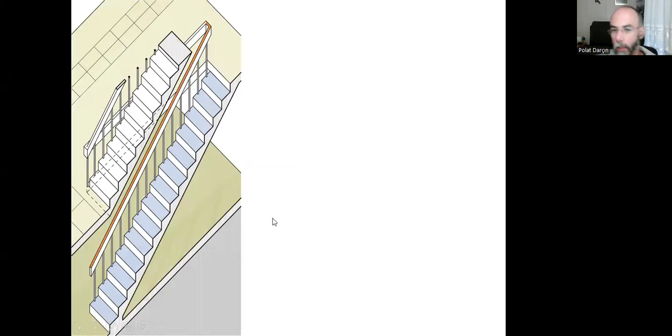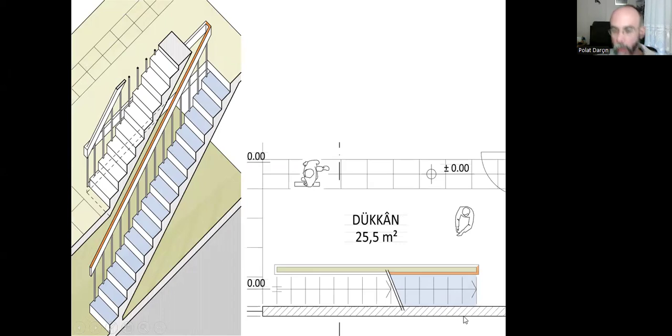Okay, let's take a closer look. Let's imagine that the upper surface of these steps are blue and the upper surface of this handrail is orange. That means on the ground floor, you can see thick parallel lines to symbolize two steps. So these are the upper surface of the blue steps with their arrows indicating the upper part.